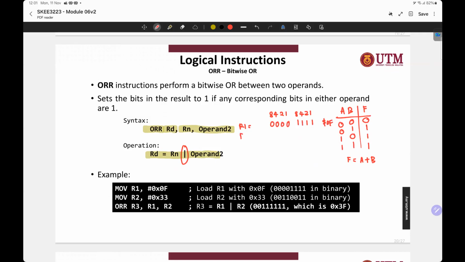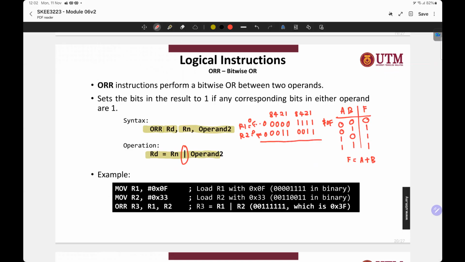Meanwhile, R2 is 33. So 33 is 1 plus 2, and so on, until bit 31, the rest are 0. Then after that, we do a logical OR.